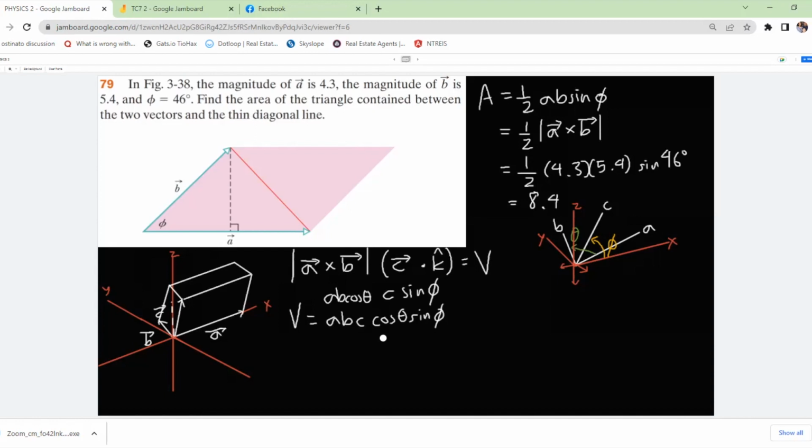Sine ba or cosine? Sine yata po eh. Yung A cross B, yung magnitude niyan is AB sine theta. Yan. So tama. So okay na yan. C sine phi. So sine theta, sine phi.